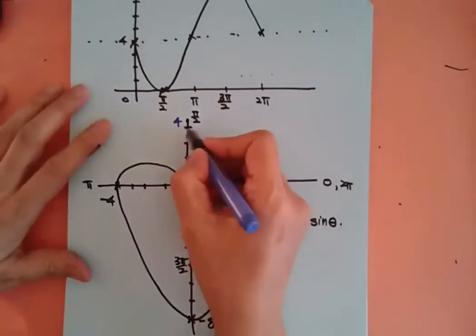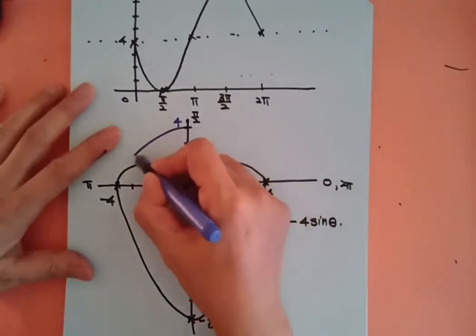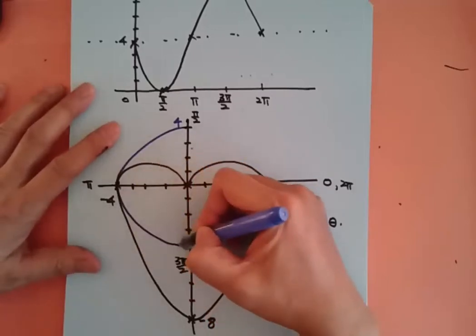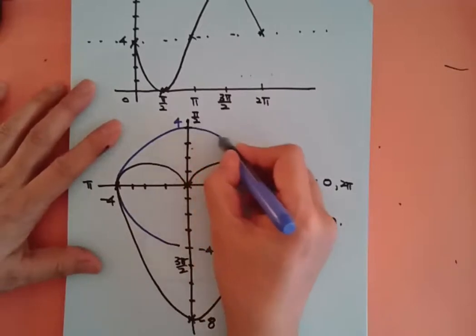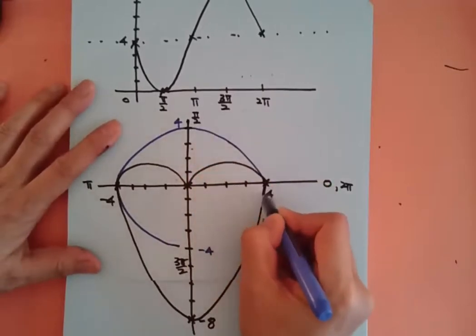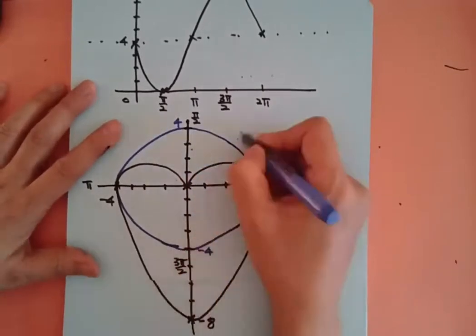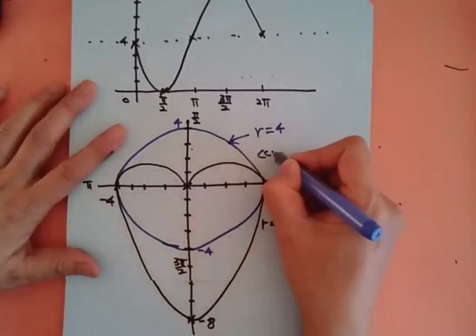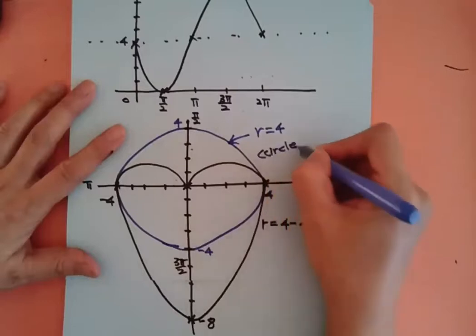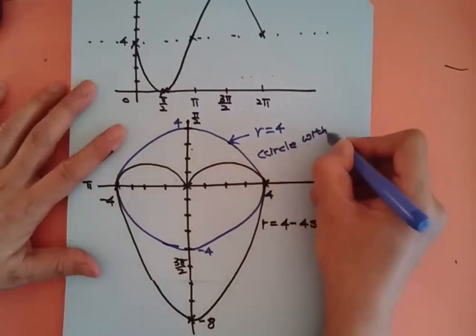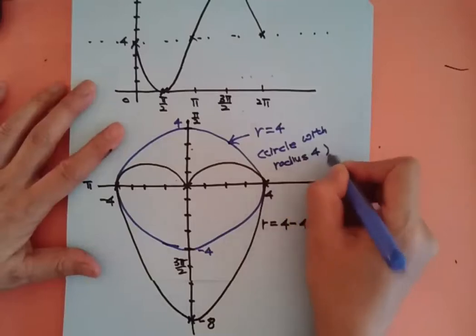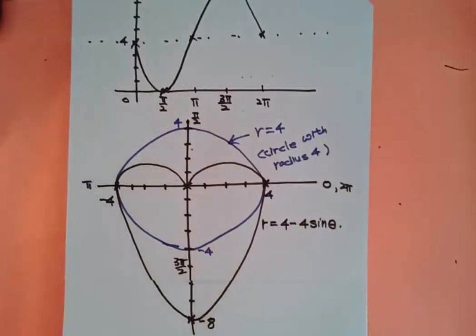And the other graph is the graph of a circle. This is r equals 4. This is a circle with radius 4 and center at the origin.